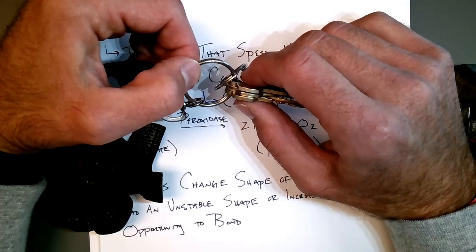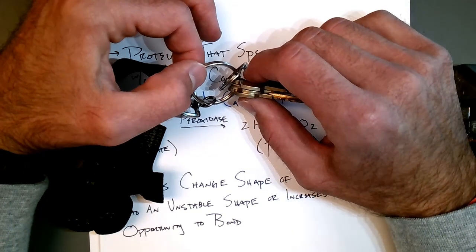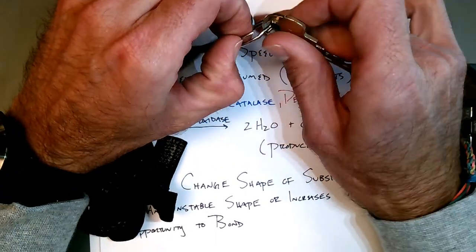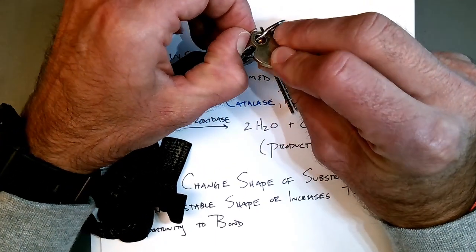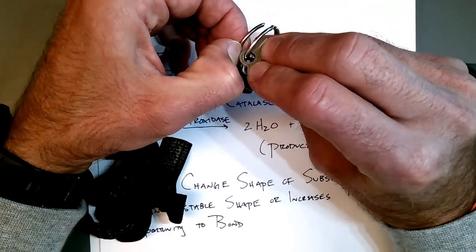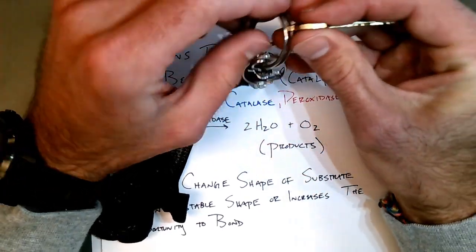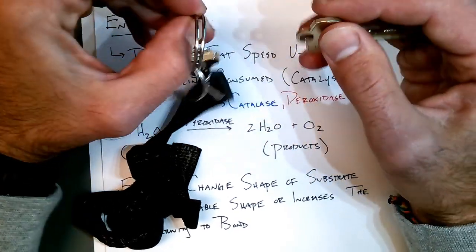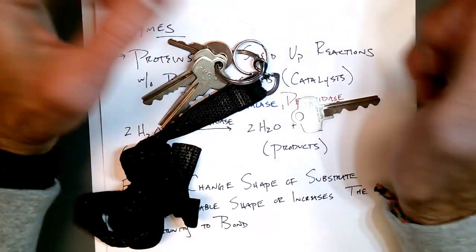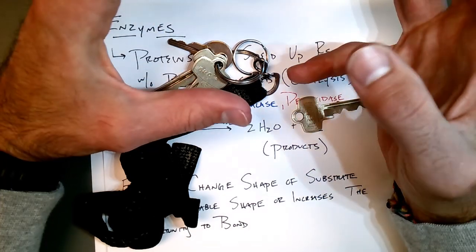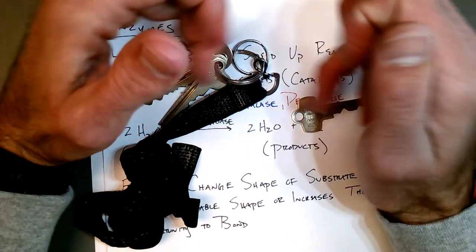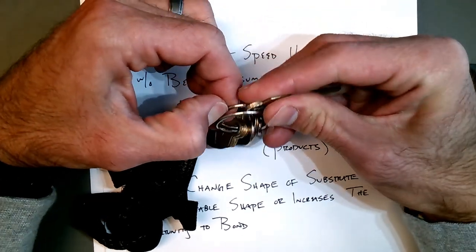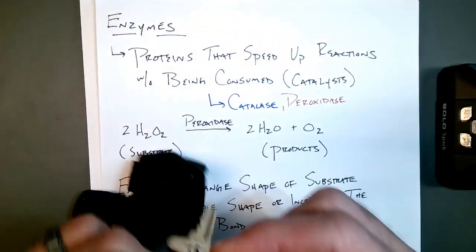So I like to think of an enzyme as being your hands, and the ability of this enzyme to change the shape of the ring in a way where this reaction is more likely to occur. So by changing the shape of my substrate, the reaction, in this case just keys coming off the ring, can happen. So again, what's happening is this enzyme is changing the shape into an unstable one where it's more likely that this reaction might happen. And a key ring is an example I like to use because it's easy to remember.